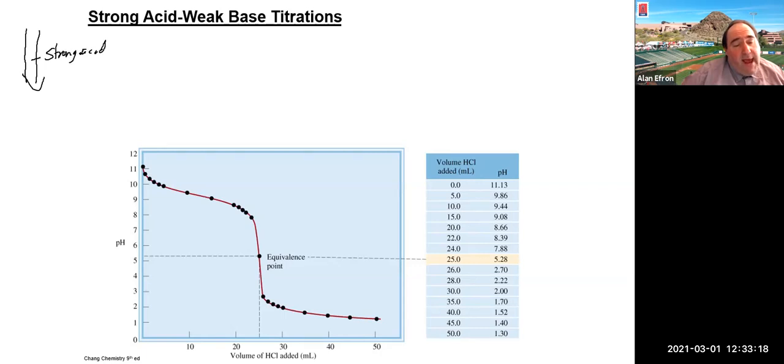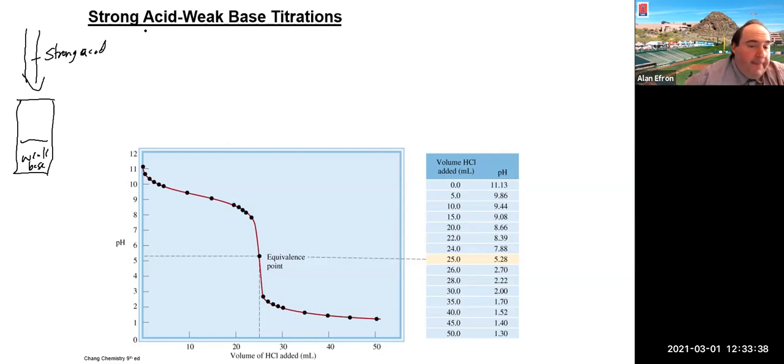So we're adding acid in this case. We're starting on the bottom with a weak base. So a little bit different. We're adding the acid to the base here. You will also look at the curve and see it's a little bit different. It's sort of upside down, and we'll talk about why that is.